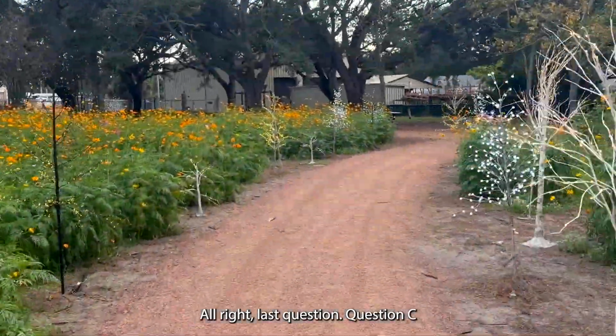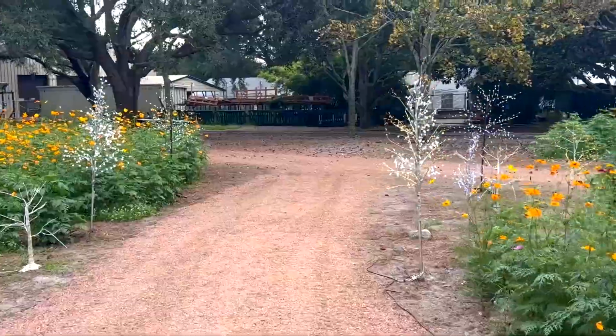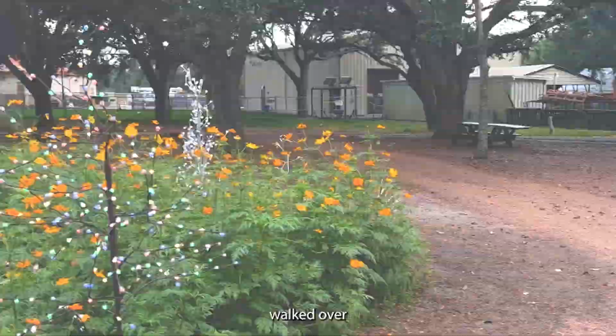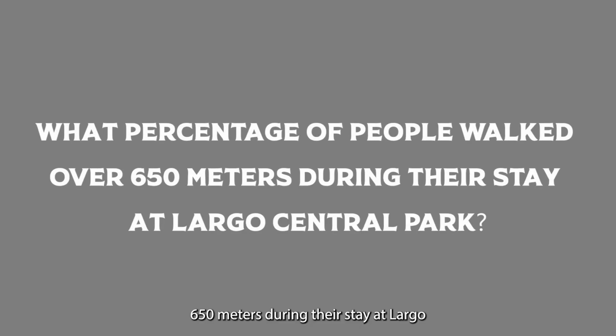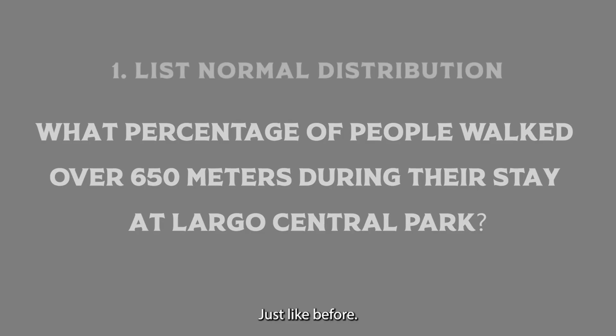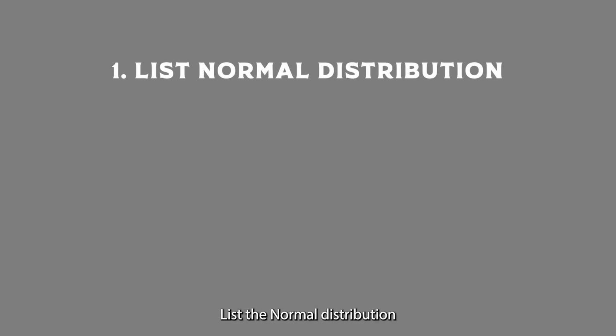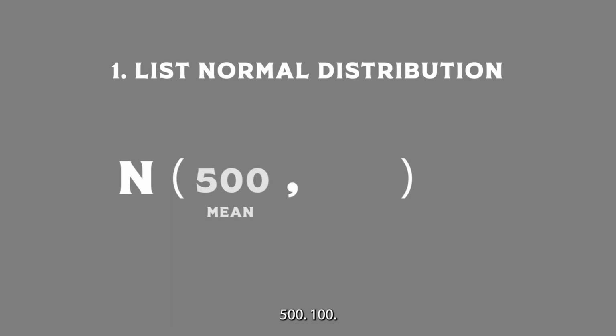Alright, last question. Question C. What percentage of people walked over 650 meters during their stay at Largo Central Park? This question uses the 5 steps for NormalCDF. Just like before, list the normal distribution. N parentheses 500, 100. Now let's create the normal curve.